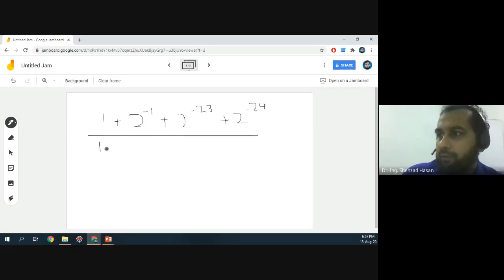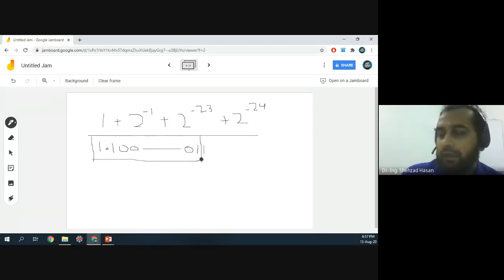This is actually 1.1 and there are many zeros, and the last two numbers are 1 and 1, right? We can store only 23 bits, so 23 bits comes till this point, right? So how are you going to do that?